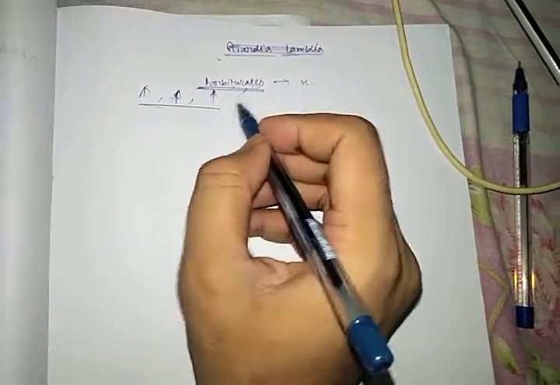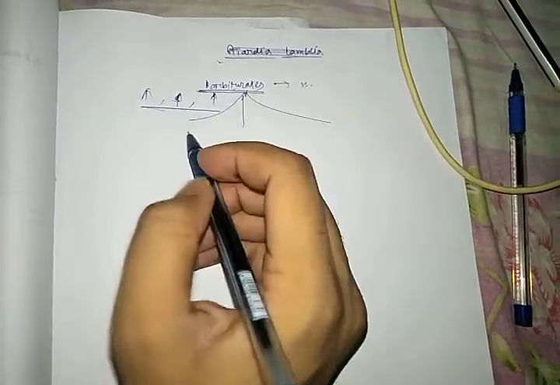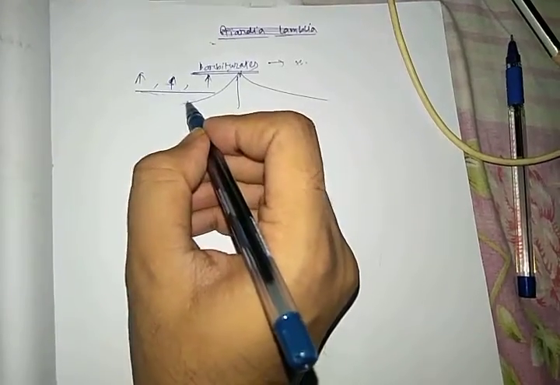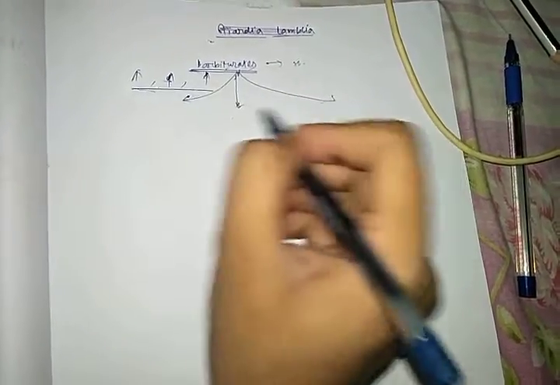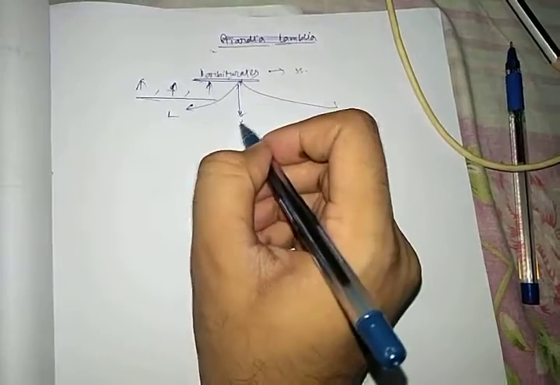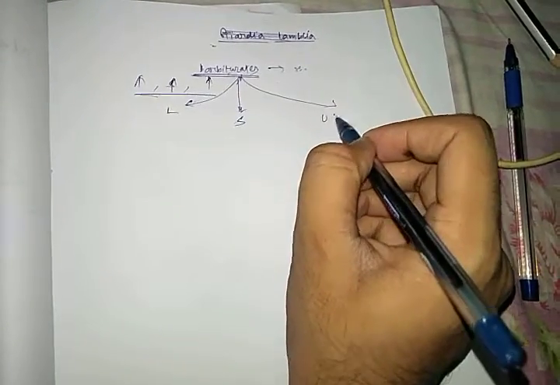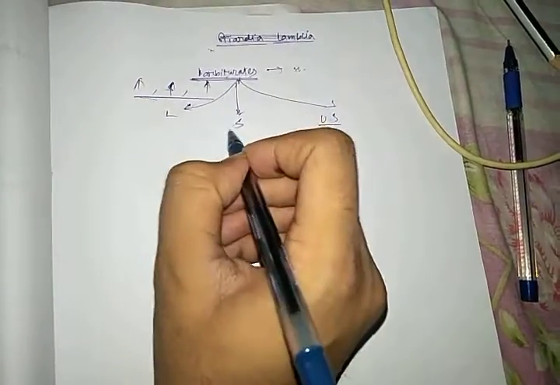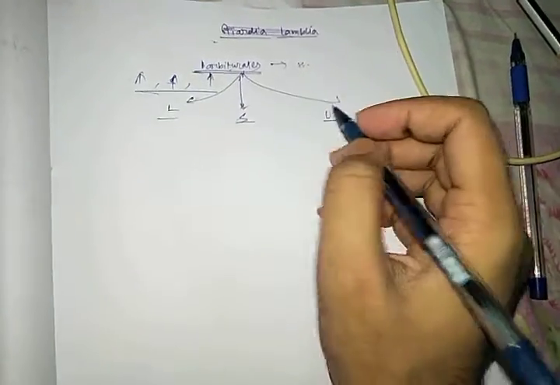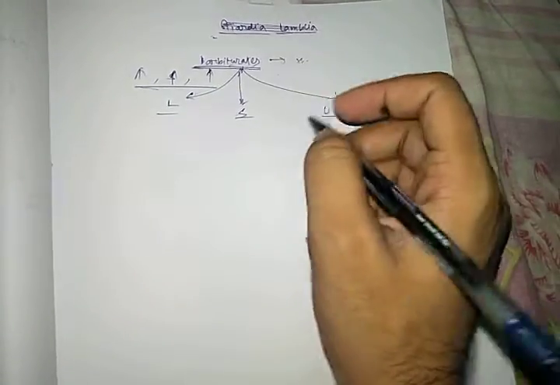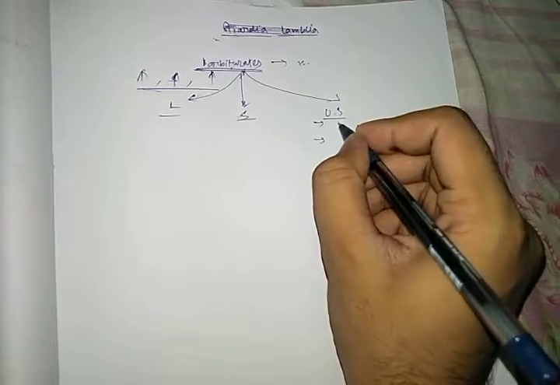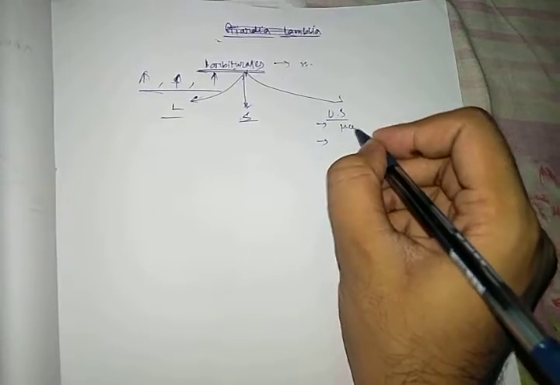So we classify the barbiturates into three categories according to their duration of action. Okay, there is a long acting drug, short acting drug, and ultra short acting drug. The ultra short acting drugs include methohexital.